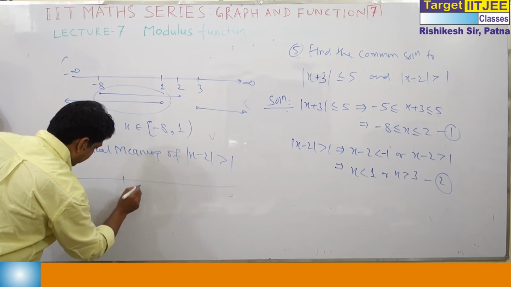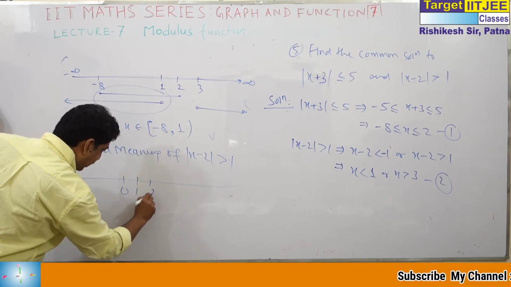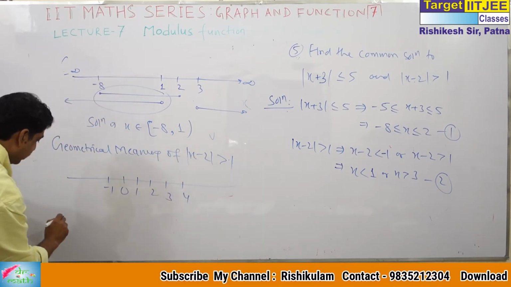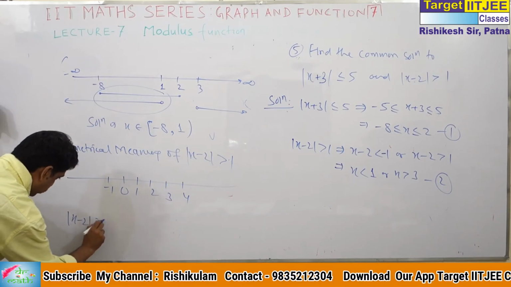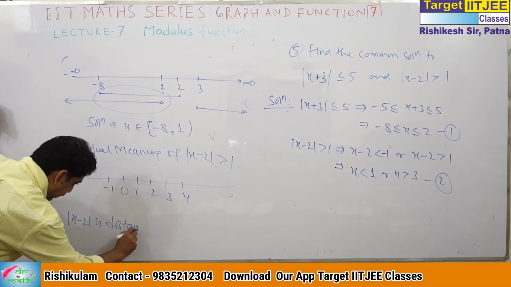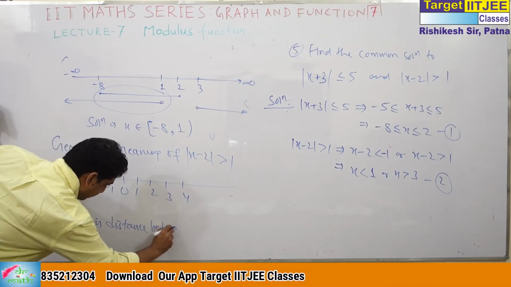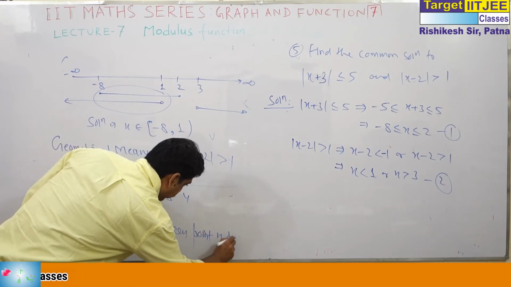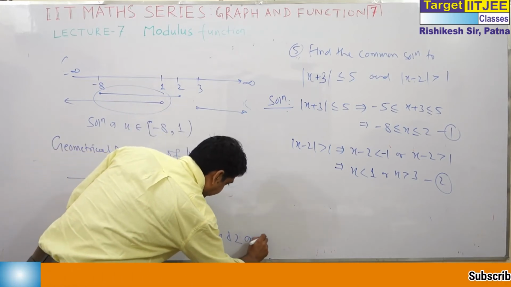On the number line, mod x minus 2 is the distance between point x and 2 on the number line.